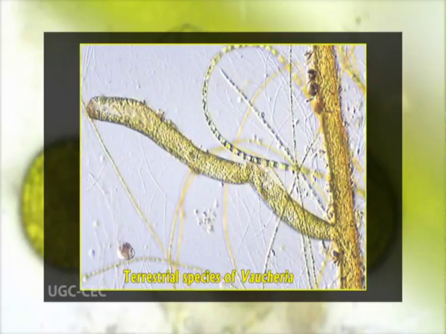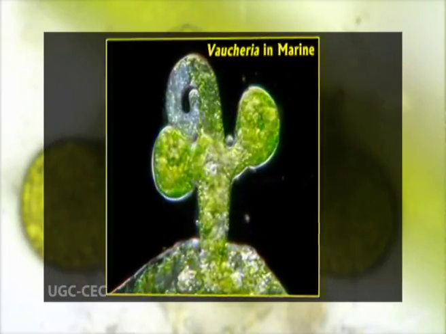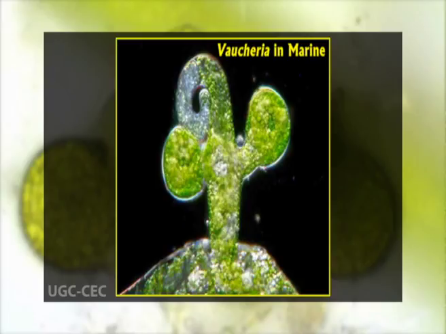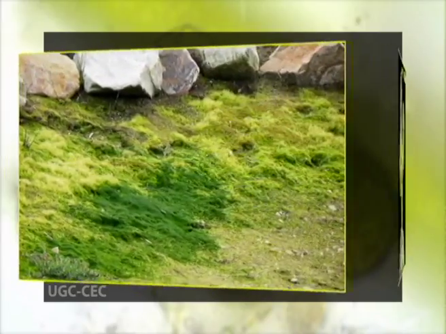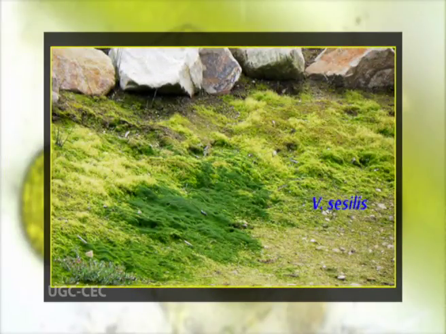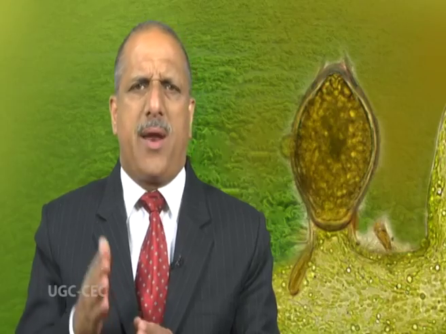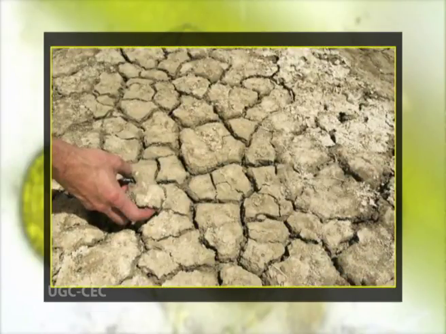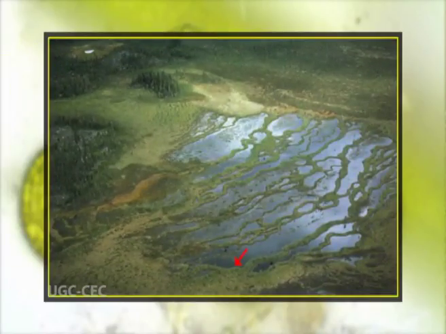Some species are terrestrial and few are marine. The terrestrial species like Vaucheria sessilis, Vaucheria hamata, and Vaucheria terrestris form green mats on the moist and aerated soil. Some species grow on exposed clayey soils, while others grow under amphibious conditions.